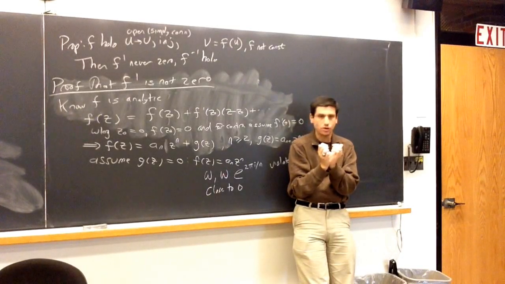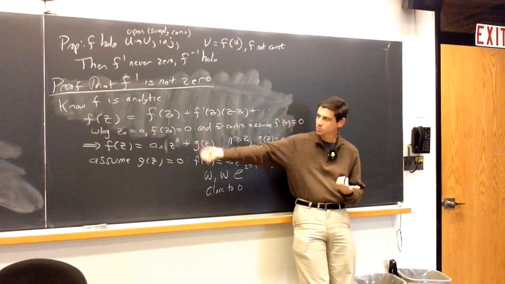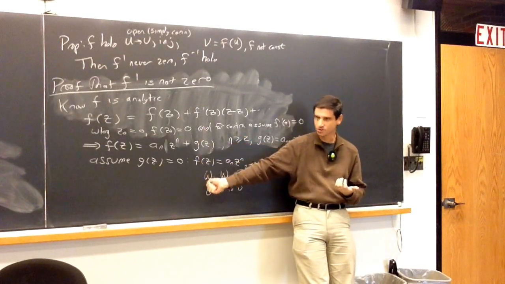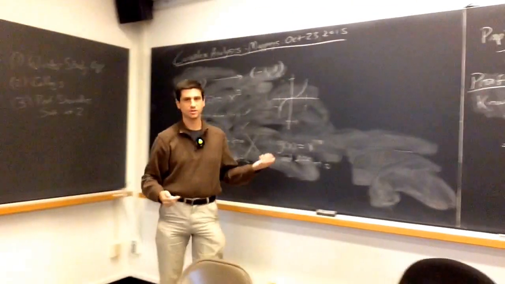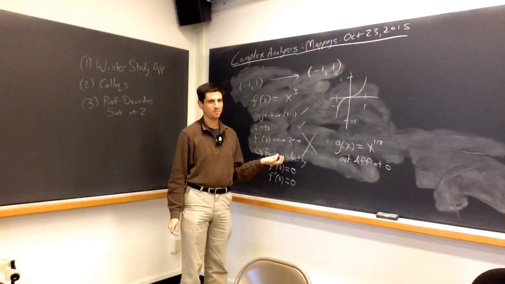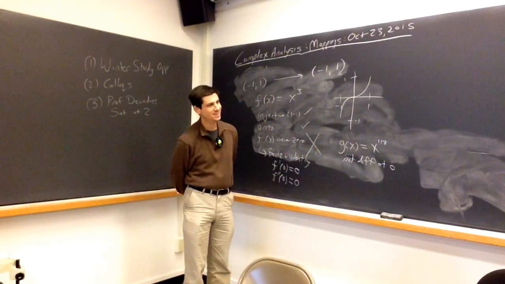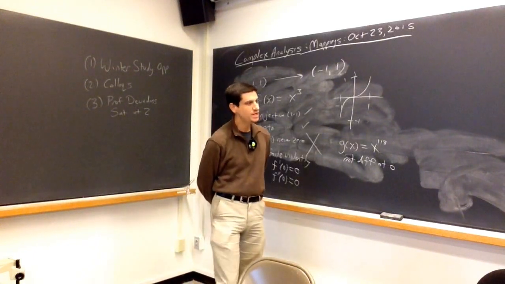Why does this work here and give us a contradiction, but it doesn't work in real variables? In real variables, things blow up. What's the difference? e to the 2 pi i over n. We can't necessarily do that over here.